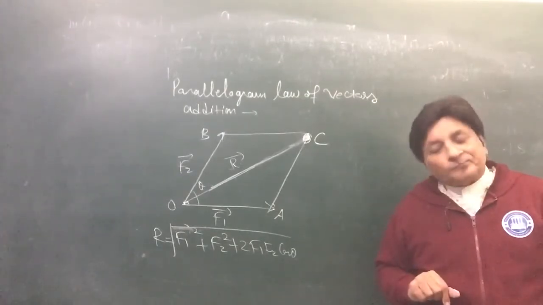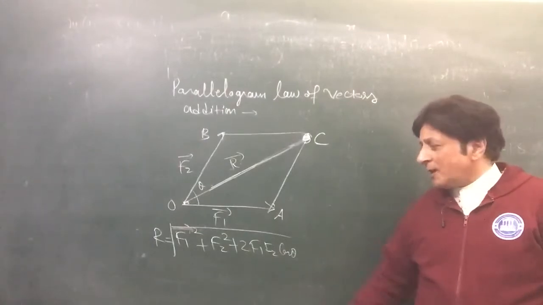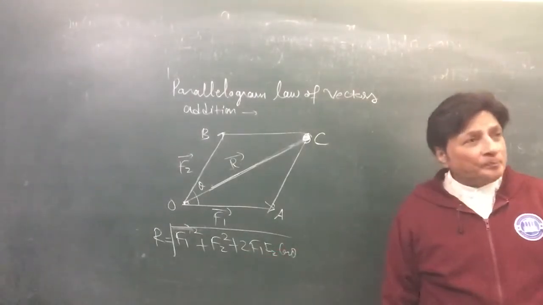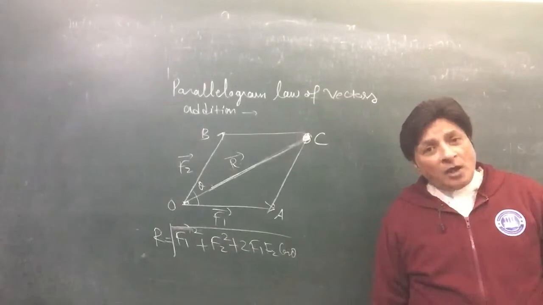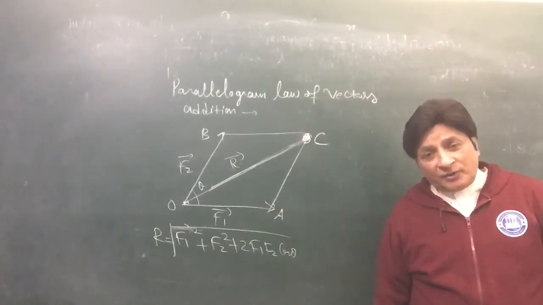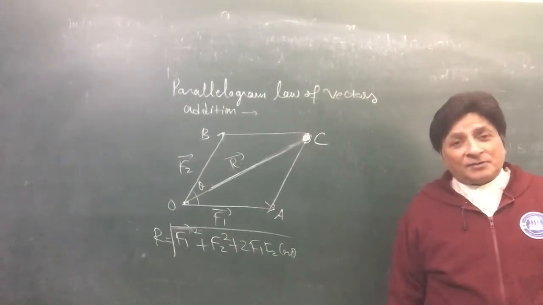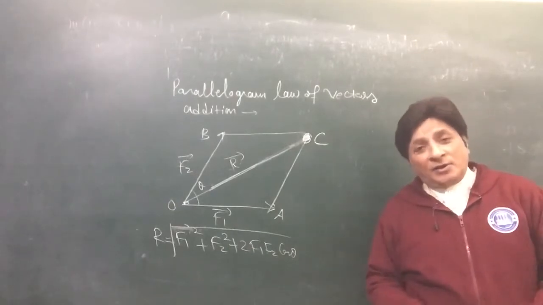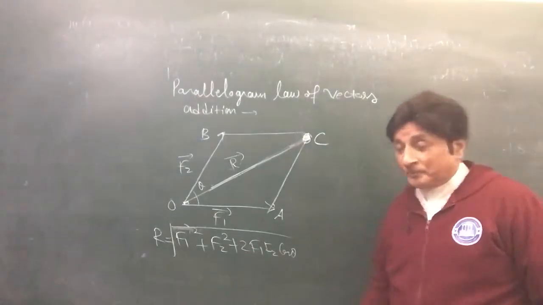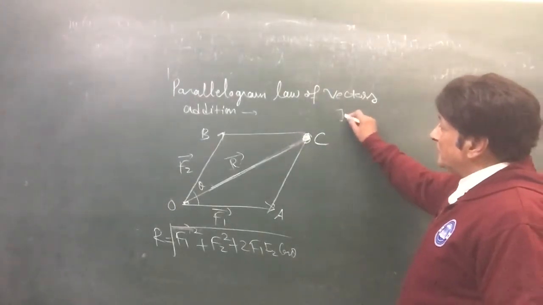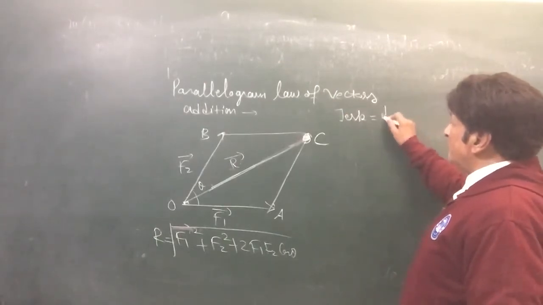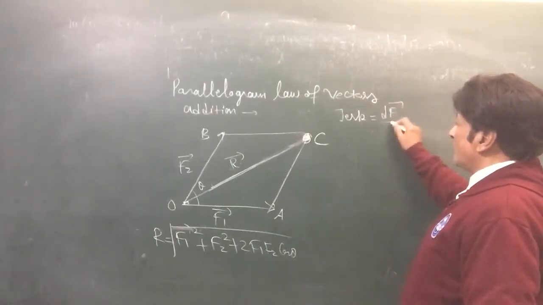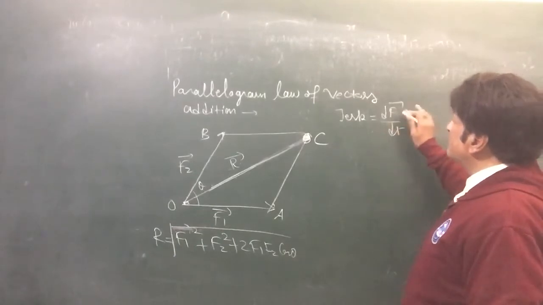Well, I will say it goes up in accordance with Newton's third law, in accordance with the law of parallelogram of vectors addition, and in accordance with the jerk also. What is jerk? Jerk is the rate of change of force, right?